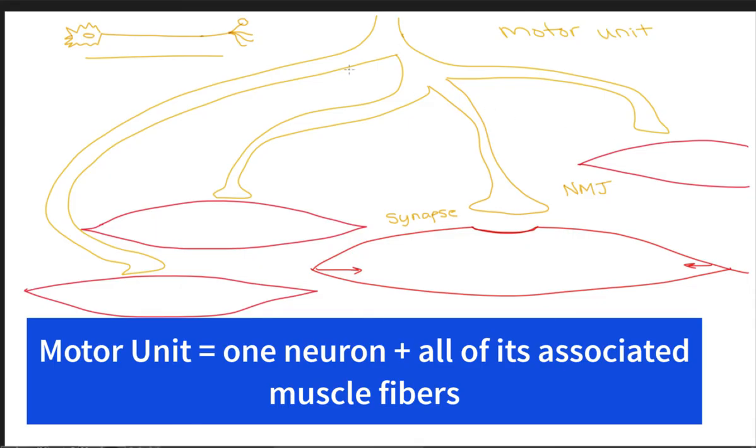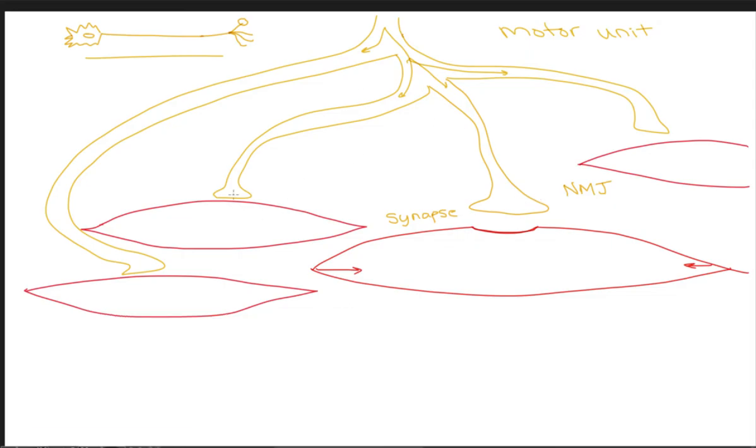And so all we have to do is send one signal down this motor neuron, and as it splits into all of its little terminal ends, every single muscle cell that is being touched by it, that has a neuromuscular junction, is going to get the same signal at the same time.